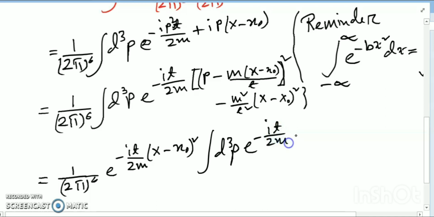Okay, very simple. Now friends, we take this, marking this as v, we call it v.